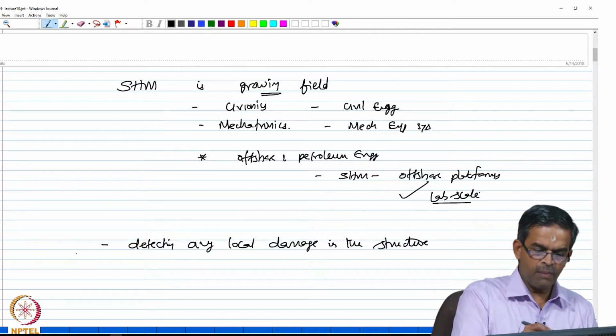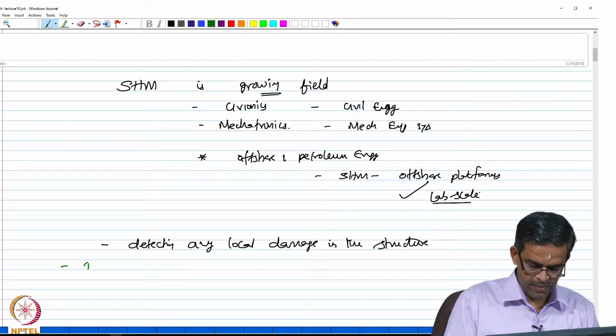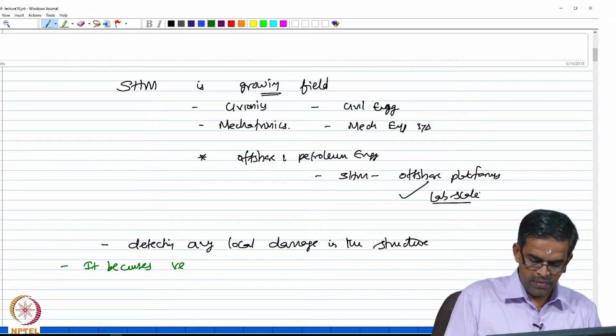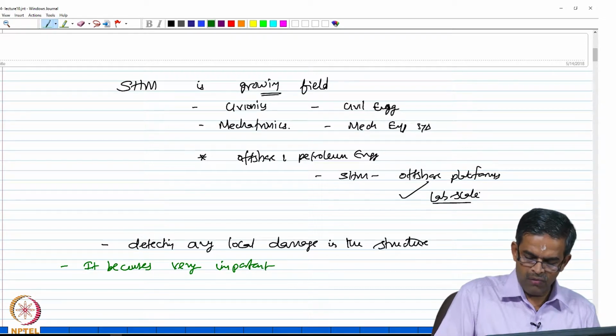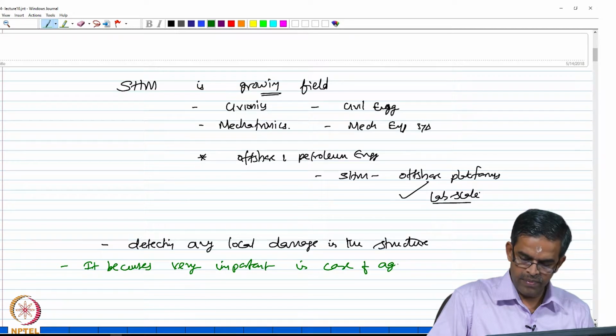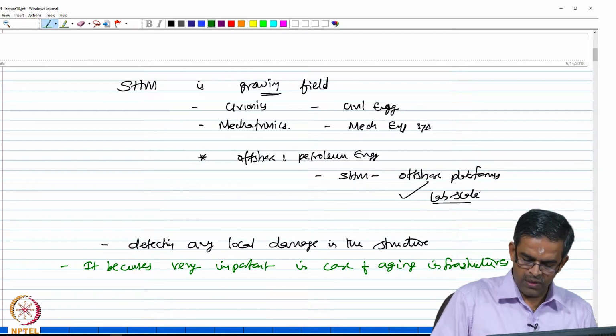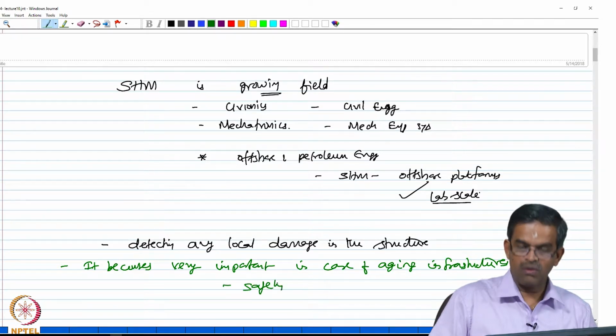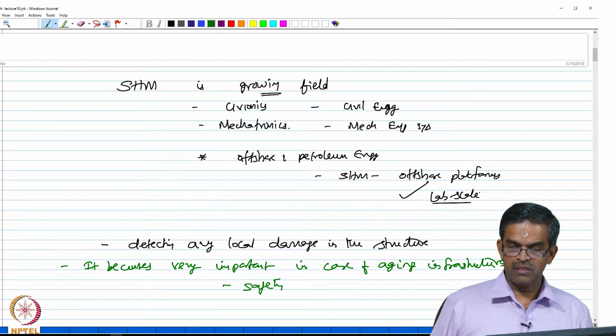Now, it becomes very important in the case of aging structures, because safety cannot be compromised because of age or material degradation.